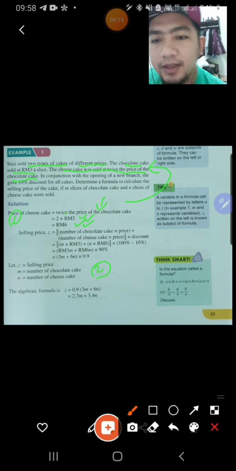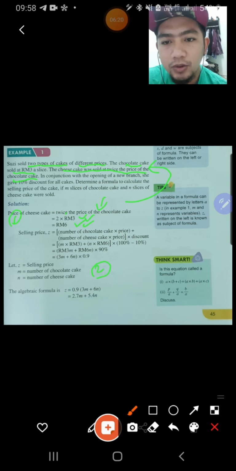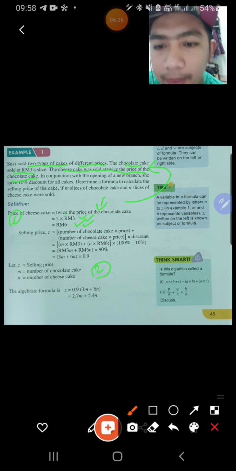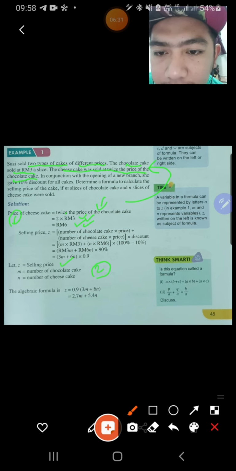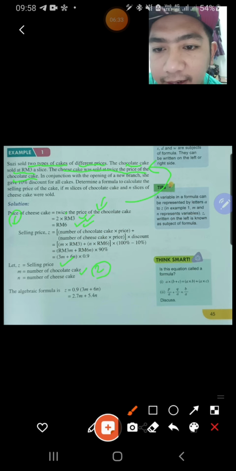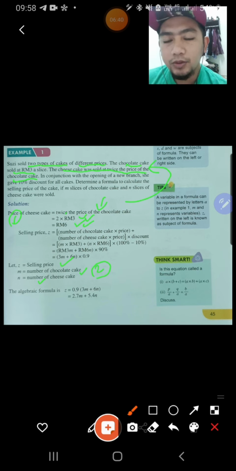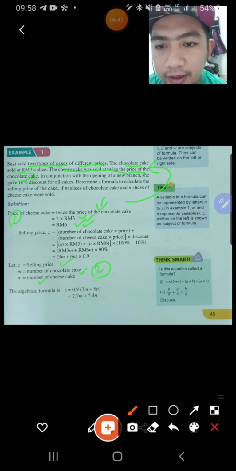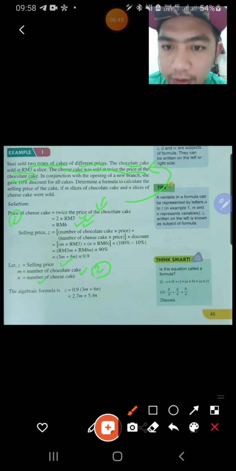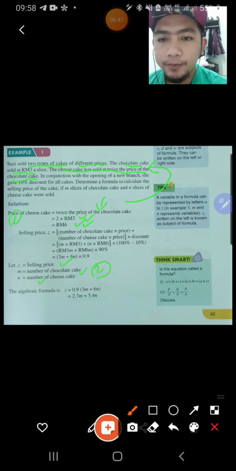The question asks about the selling price, so we let the selling price be Z. M is referred to the number of chocolate cake and N the number of cheesecake. So now we try to create a formula.